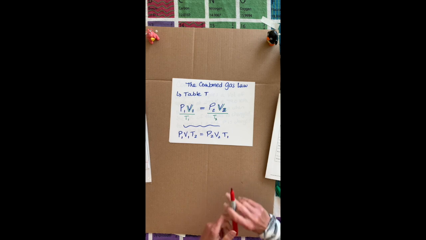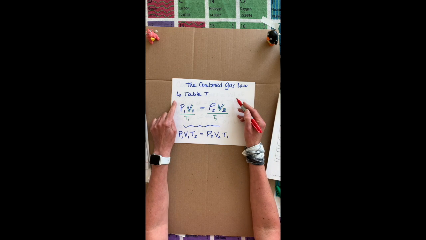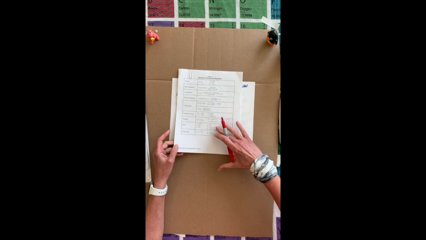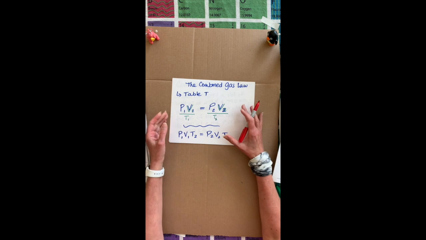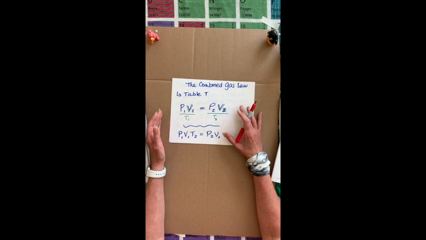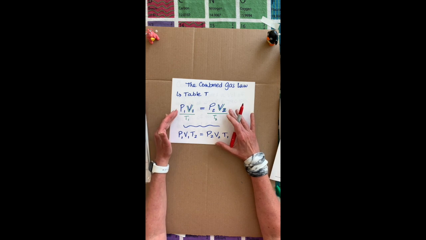Okay, so let's look at the combined gas law. This gas law is found in Table T, right here. It is very handy because Boyle's and Charles's laws are derived from this gas law.